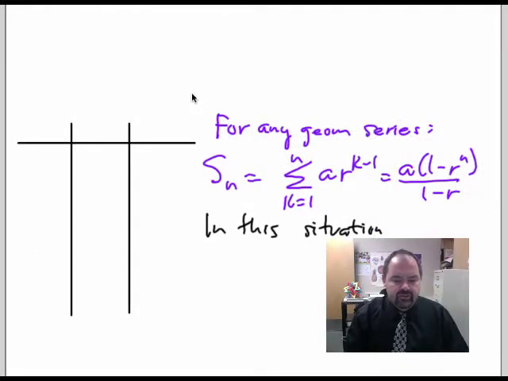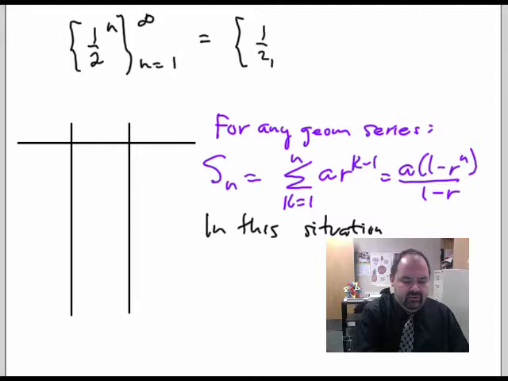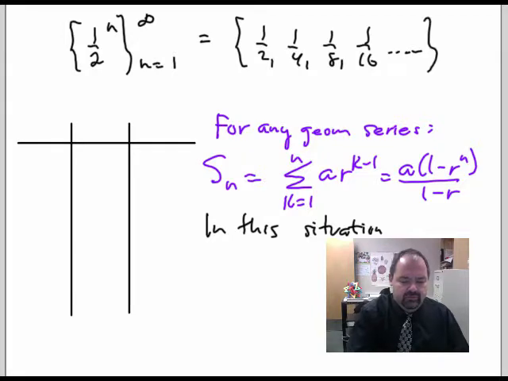Alright, I'm going to take another geometric sequence, this time 1/2 to the n, as n goes from 1 to infinity. And so the terms would be 1/2, 1/4, 1/8, 1/16, and so on. I'm also going to represent that in table format.